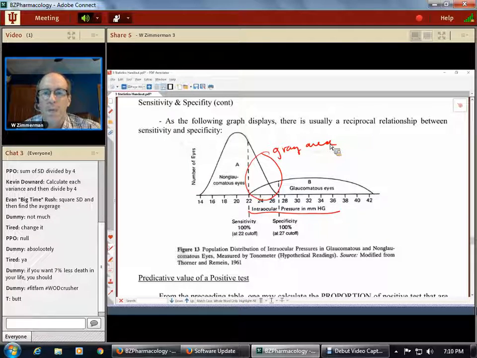There are people that have intraocular pressures of 25, 26, and they never develop the signs of glaucoma. And so, if your test is to say everybody above 22 has glaucoma, you're going to have some false positives in there. On the other hand, if you want your specificity to be 100%, so you use 27 as the cutoff, you're going to have people losing their eyesight. So just be aware there's this trade-off.